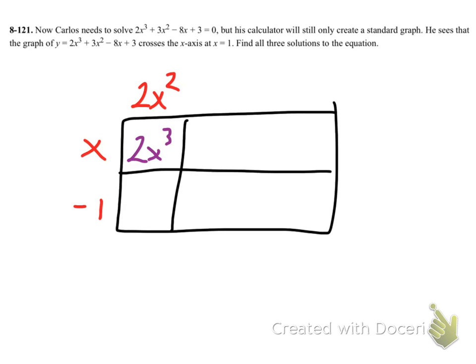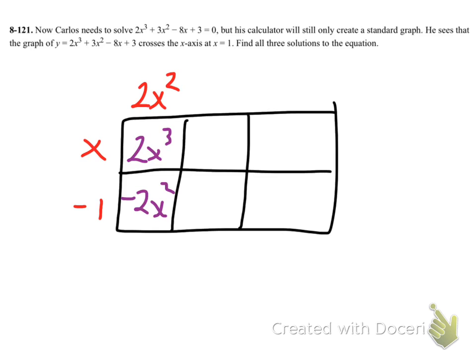I then can go through and multiply 2x squared times negative 1 and fill in the box below it. That box is going to end up being a negative 2x squared. And now I continue the process. These two right here are always going to be like terms, and they're going to add up to my next term, a positive 3x squared.